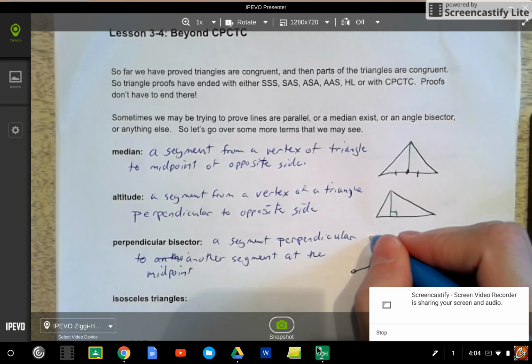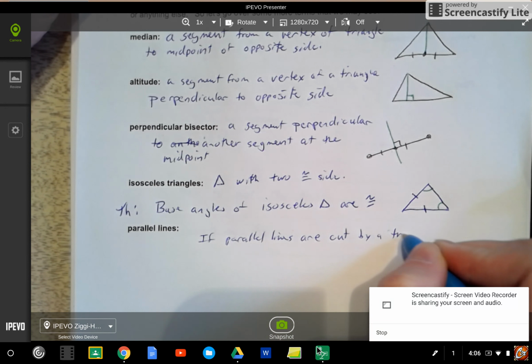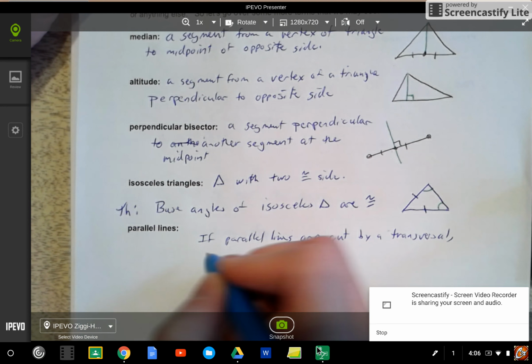And in parallel lines, we already know about if parallel lines are cut by a transversal, then a bunch of things happen. Okay, we could say alternate interior angles are congruent, or exterior.